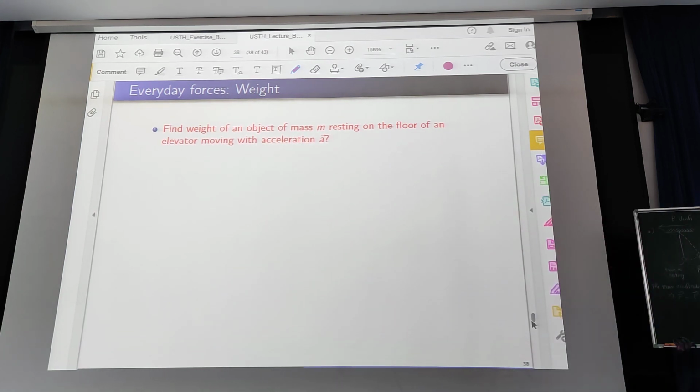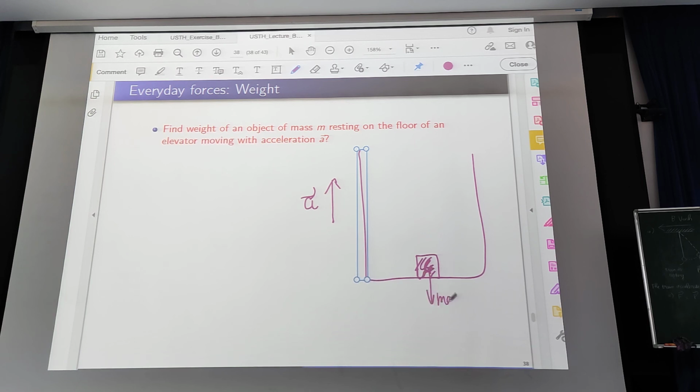So in this case, you have an elevator. The elevator is, for example, moving up with acceleration a. So you are resting on the floor of the elevator. So what are the forces acting on this object? mg all the way down, this is the normal contact force, and the inertial force going down.